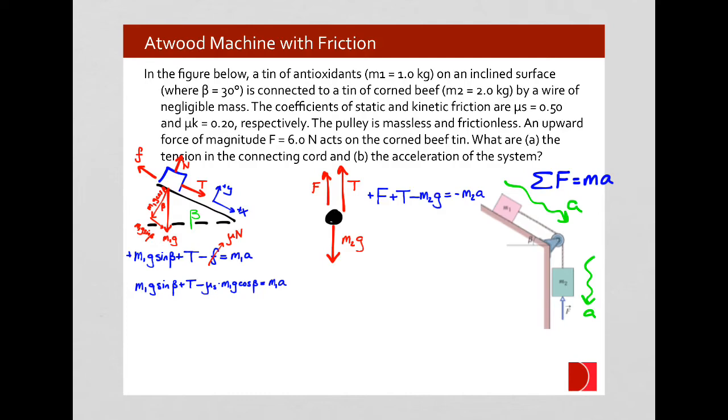Looking at the other equation over here, we're going to multiply through by a negative sign because we want our accelerations to both be positive, and we want our tension here to be negative so that it will cancel out the positive tension in the other equation.